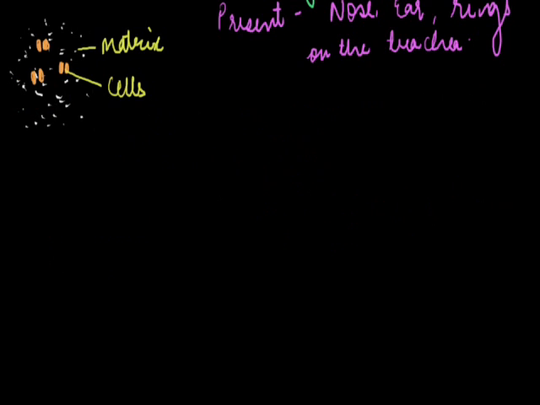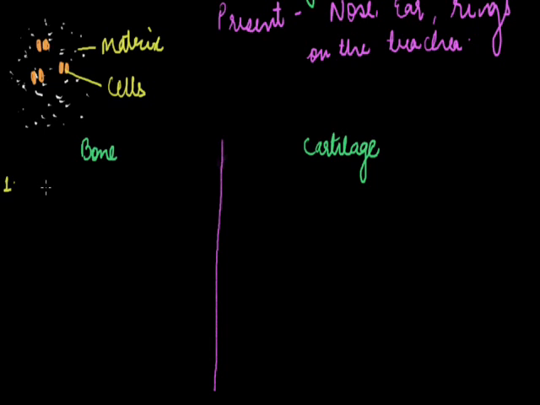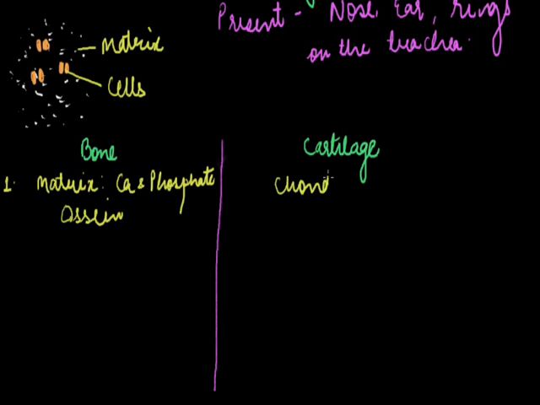Now if we compare bone to cartilage, the first difference is of the matrix. Here the matrix contains calcium and phosphate ions as well as the protein ossein, whereas here only the protein chondrin is present, the rest of the ions are absent.